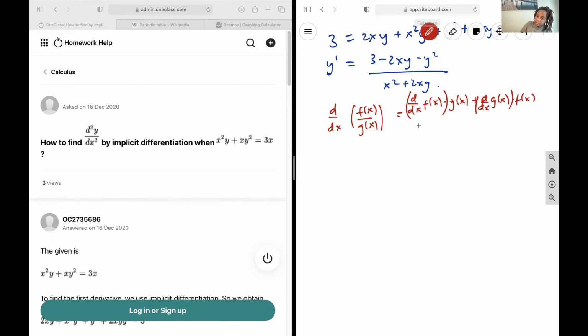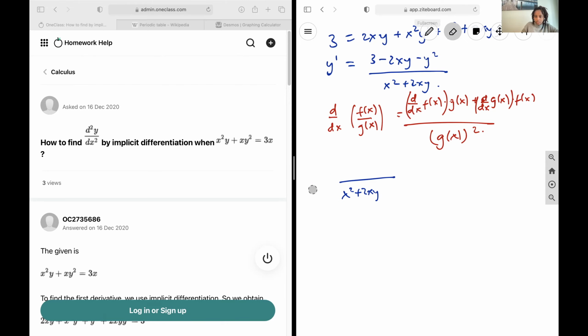Can put these in brackets so that it's a little bit clearer. All over g of x squared. So what this means is that d over dx of 3 minus 2xy minus y squared over x squared plus 2xy.